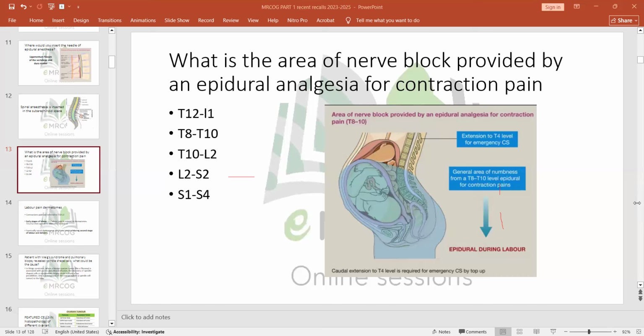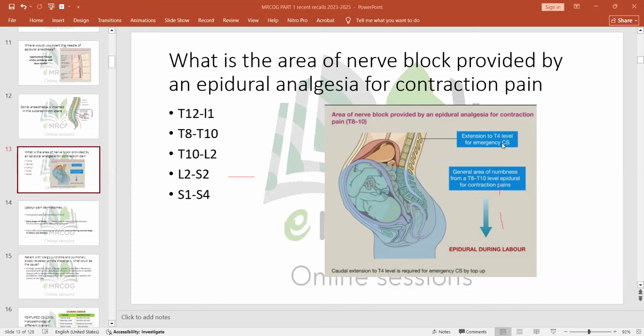And if you block here, for example, at the level of T4, that means that everything beneath T4 is sleeping now, right? It is sedated, blocked. So all the nerve roots downward are blocked. This is very high level and usually for emergency theater.